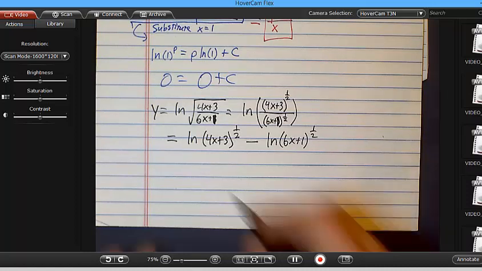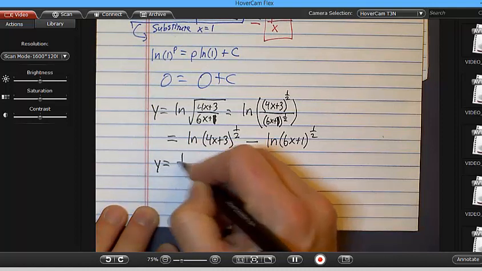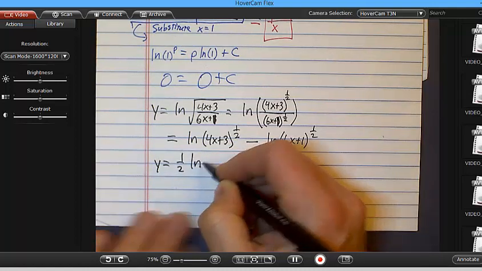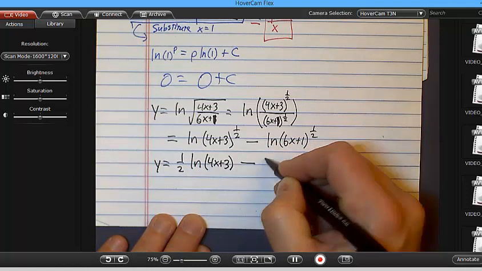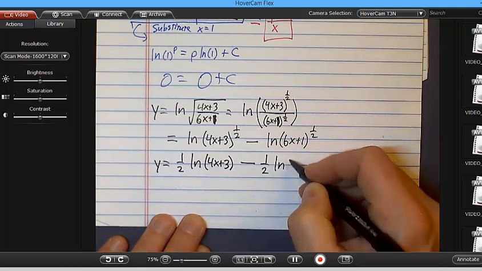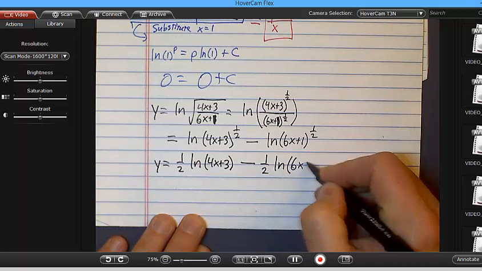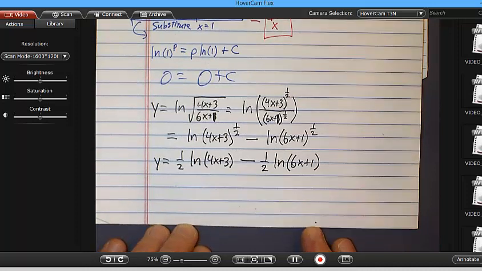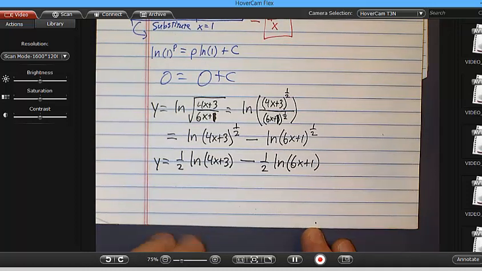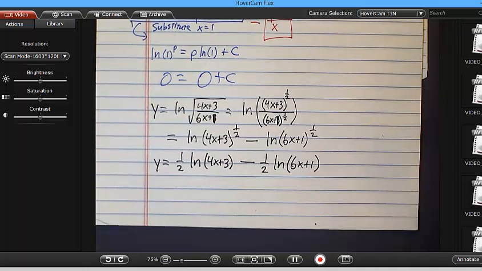Bring those 1/2s out front. 1/2 natural log of 4x plus 3 minus 1/2 the natural log of 6x plus 1. That's a great move. A great move. What would have been a problem that's really difficult now becomes a problem that's really not very difficult.